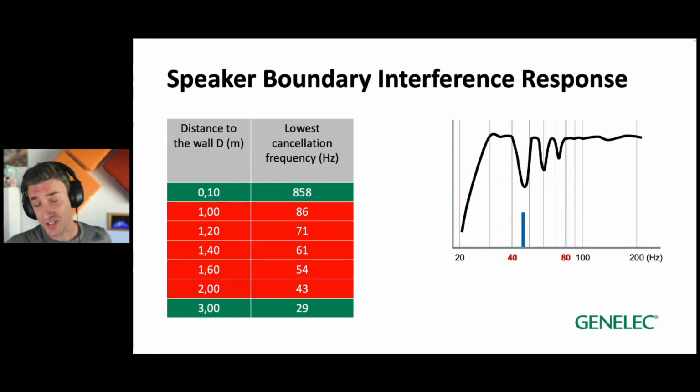And if you get closer to the wall, then this dip moves upwards. And this is, of course, better because in these ranges, the speaker is already more directional, so you just don't get that many reflections, and the dip is not that deep anymore. So this is the reason.